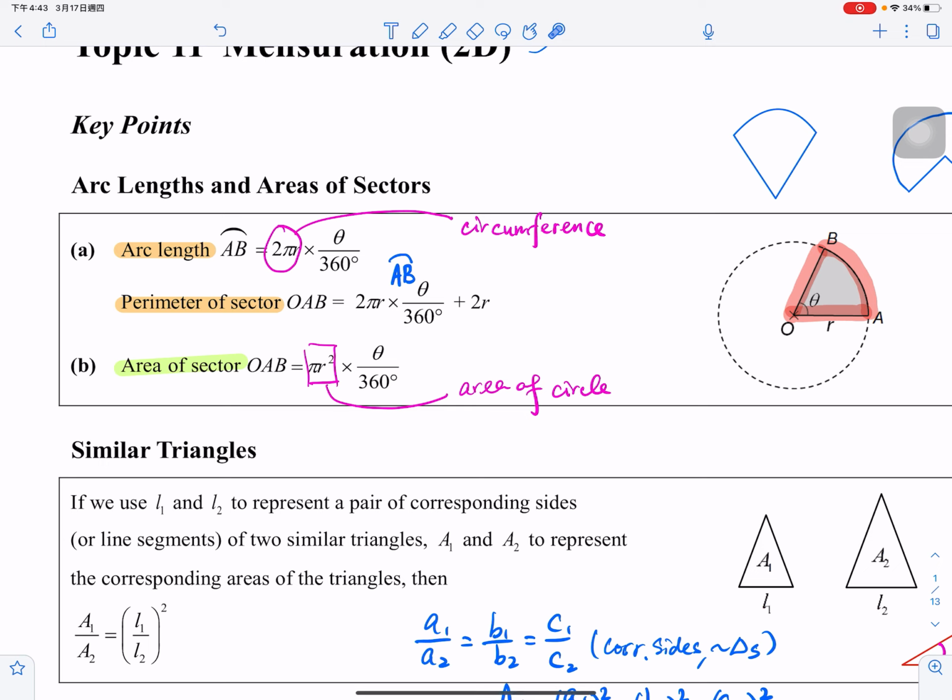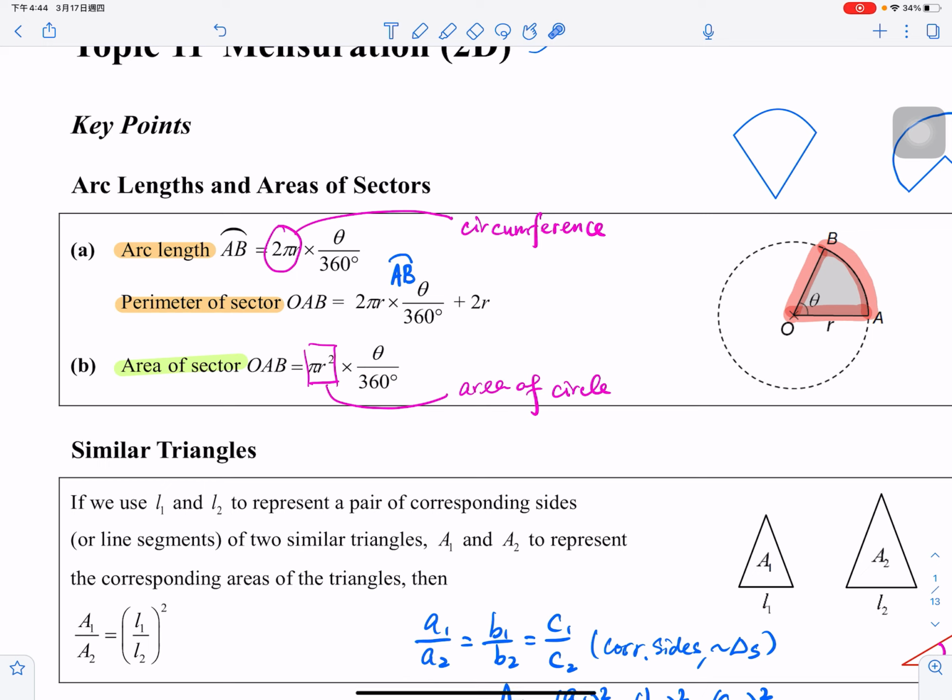Okay. Then how about the area of a sector? The area of sector OAB is part of the area of the circle. This is the circle area, pi r square, and then times theta over 360. This is the fraction, so theta means this part only.